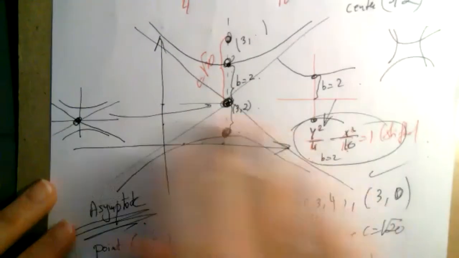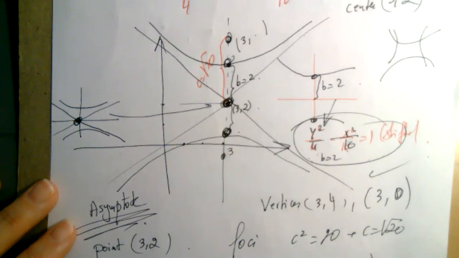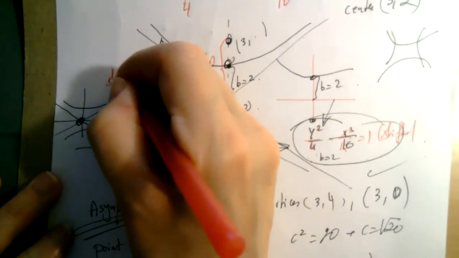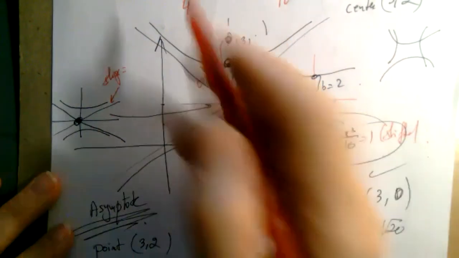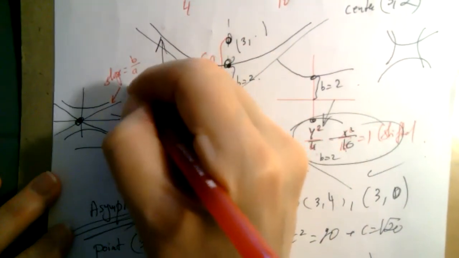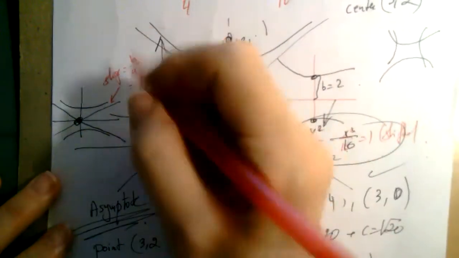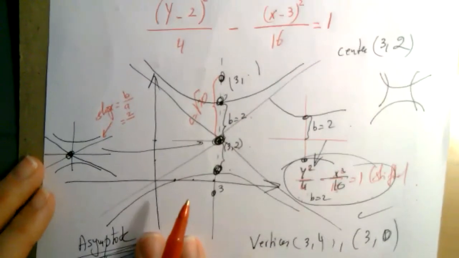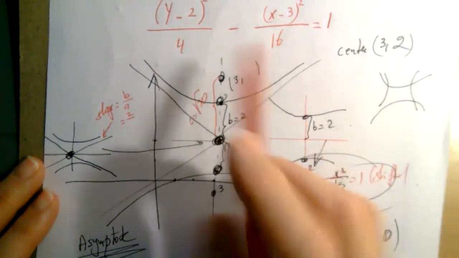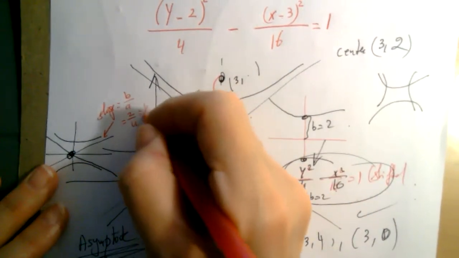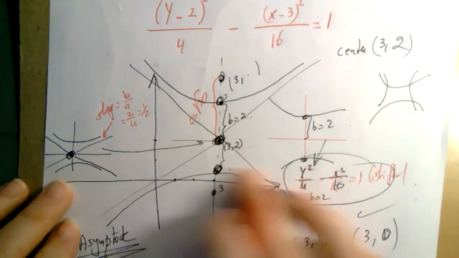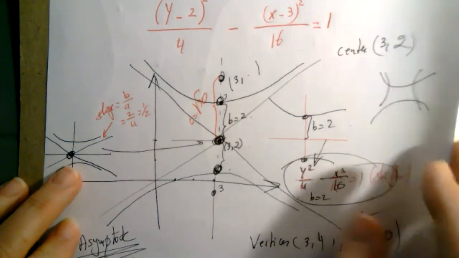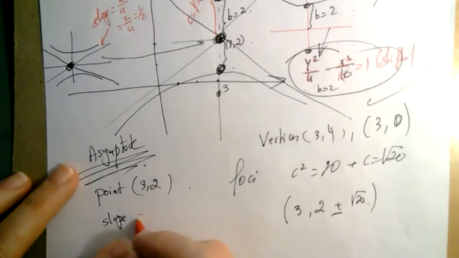Before we shift it, the slope of this one is b over a. In my case, b is 2 and a is 4, so the slope is 1/2. When I'm shifting, the slope has to remain the same. It does not really change. So the slope is going to be 1/2.